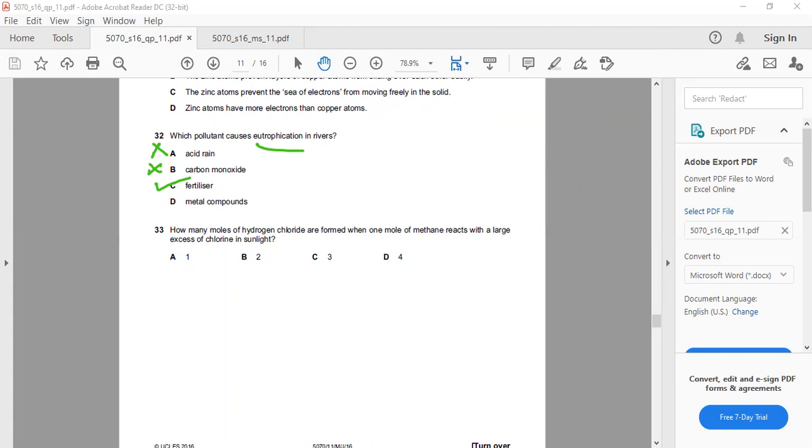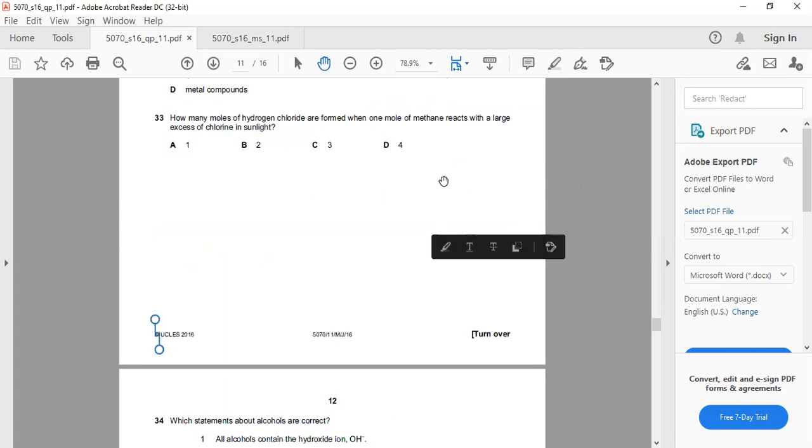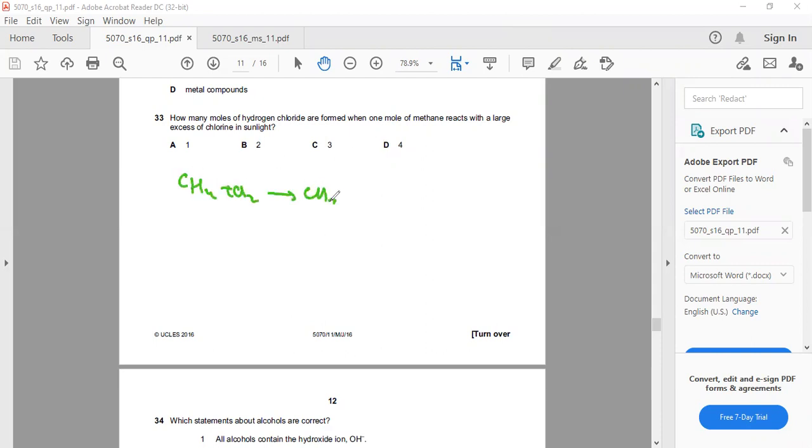Okay, how many moles of hydrogen chloride are formed when 1 mole of methane reacts with a large excess of chlorine in sunlight? You have to recall this reaction: methane plus chlorine gives CH3Cl plus HCl, CH3Cl plus chlorine gives CH2Cl2.